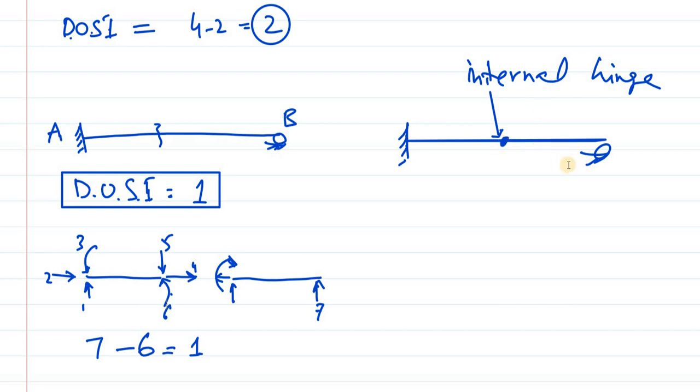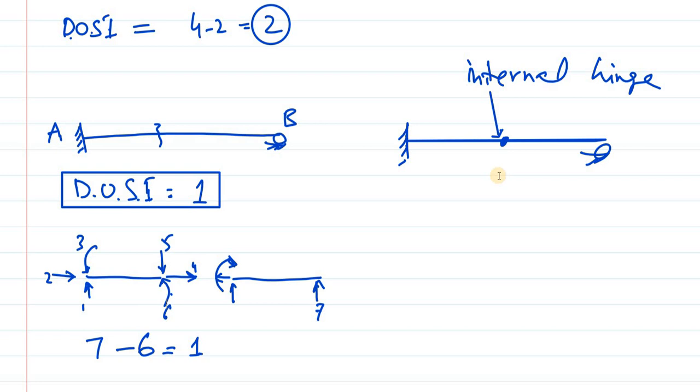Similarly, if you try to lift this segment, the other segment will also have a tendency to lift. So vertical, shear forces can be transferred across an internal hinge, but the only thing the internal hinge cannot transfer is bending moment.